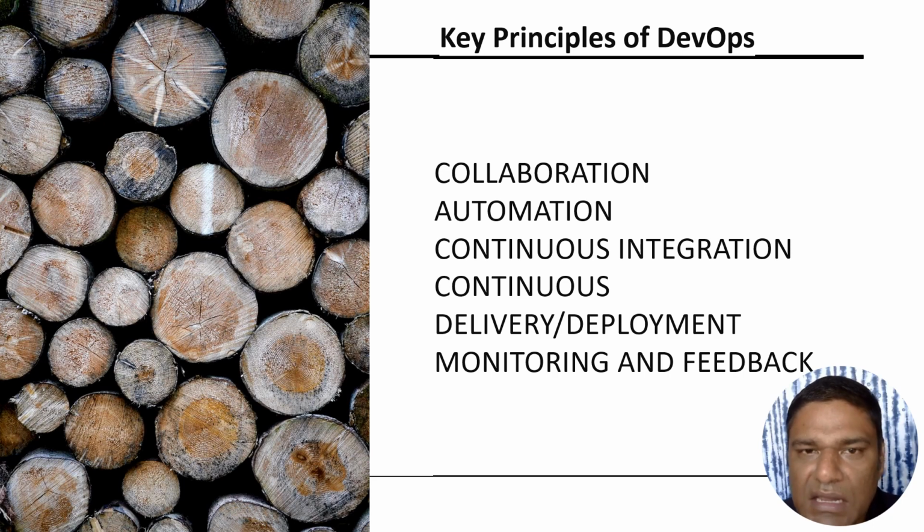And finally, monitoring and feedback. It provides valuable insights into system performance and user behavior, driving continuous improvement. Okay. So how these principles affect DevOps, we will learn in subsequent slides. Let's move on.